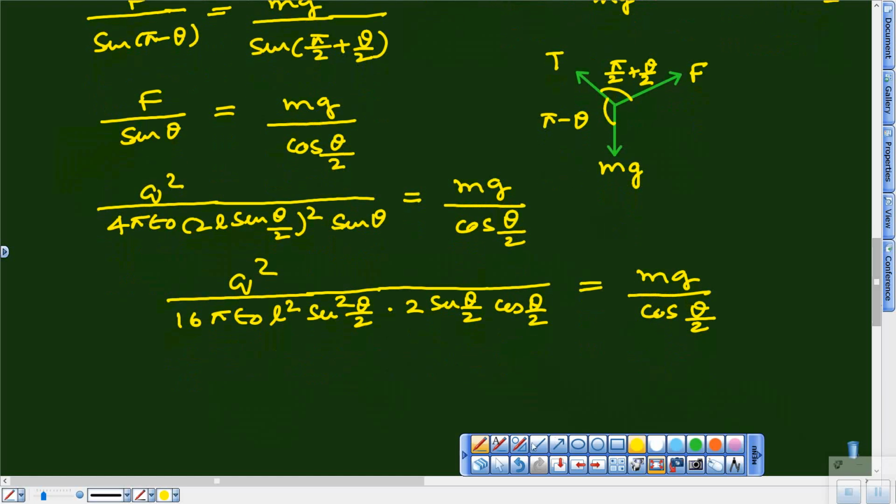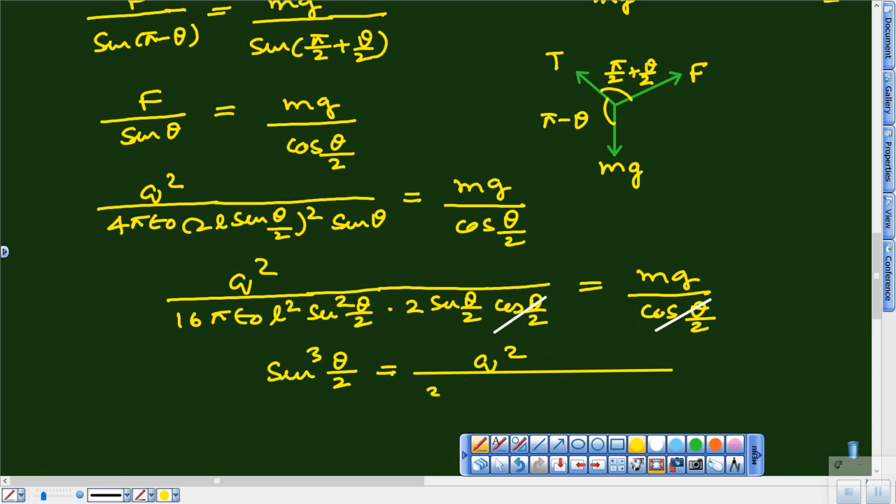Cos theta by 2 gets cancelled off both sides, and I finally get sine cube theta by 2 is equal to Q square upon a long expression. What is that?